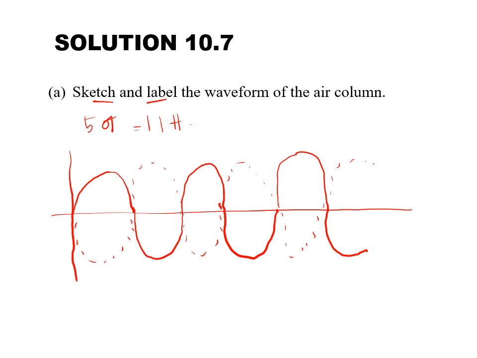Then you have to write down here: nodes, antinodes, nodes, antinodes, nodes, antinodes, nodes, antinodes, nodes, antinodes, and nodes, antinodes.